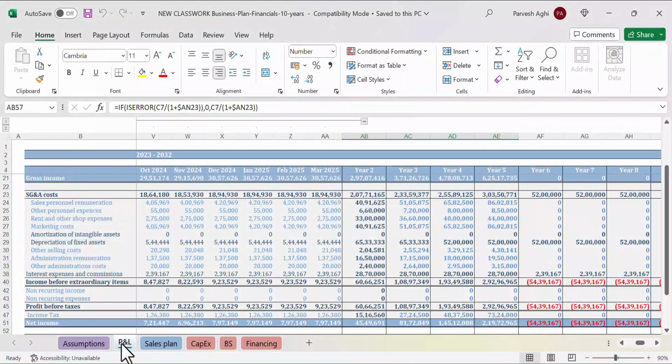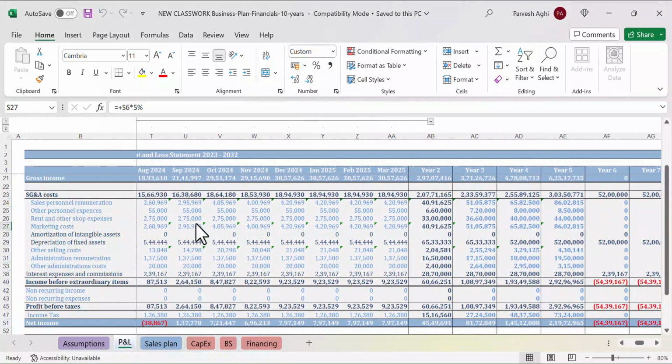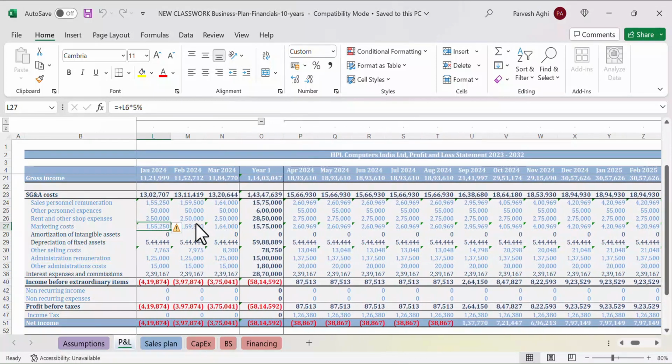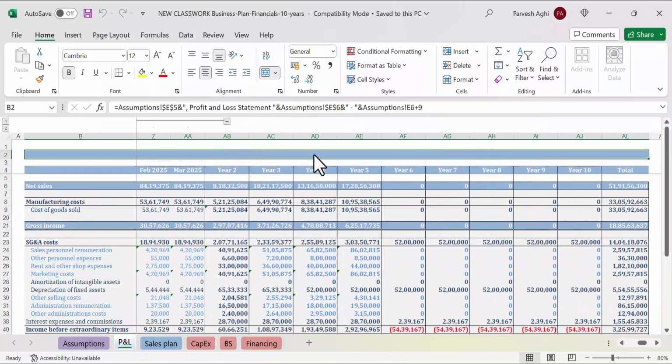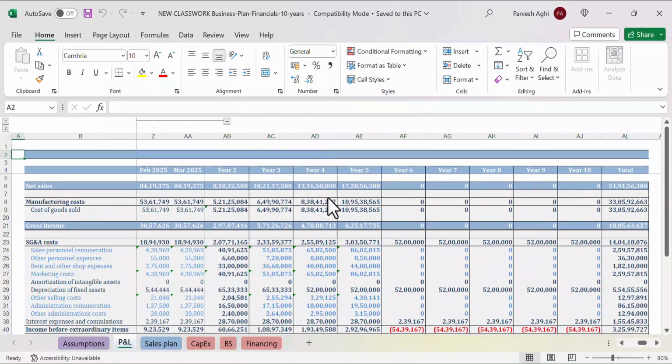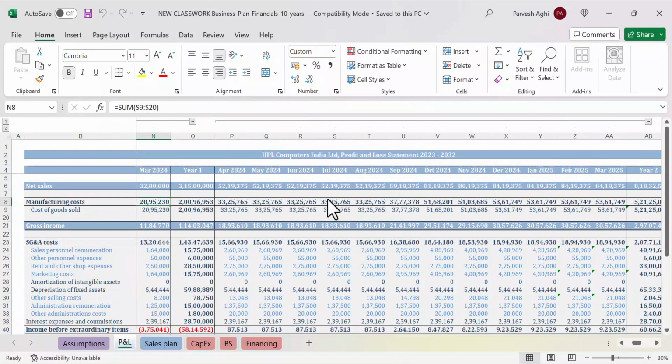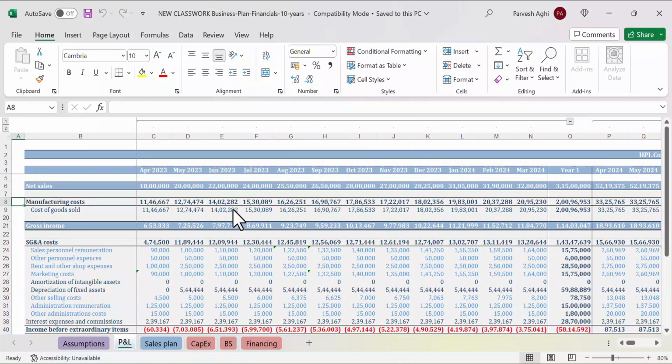So if I go to the profit and loss account, all the numbers which are coming in blue are punched by me. Sales, how did this number come? Look at C6 into 5%. I'll just show you. This is sales.